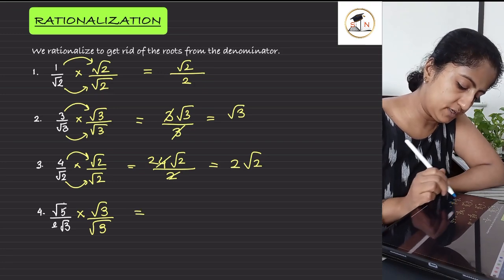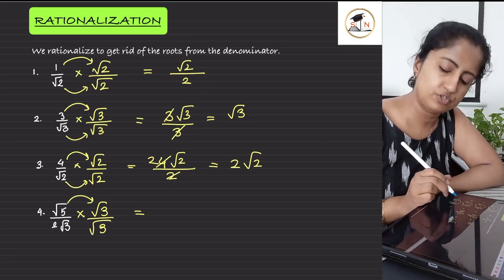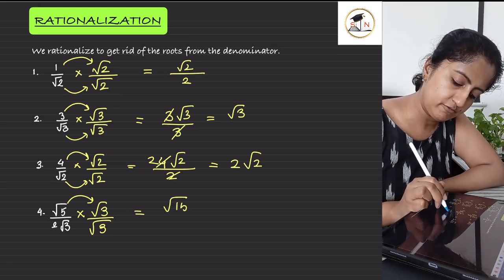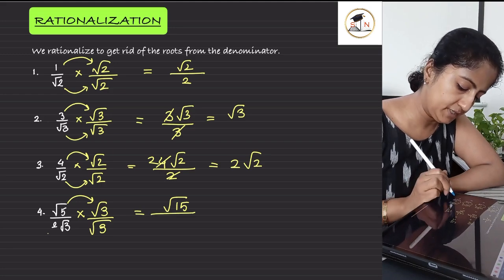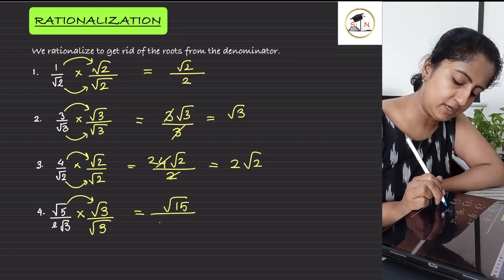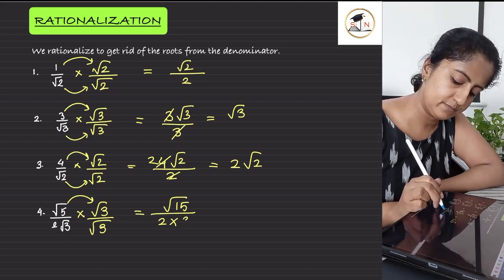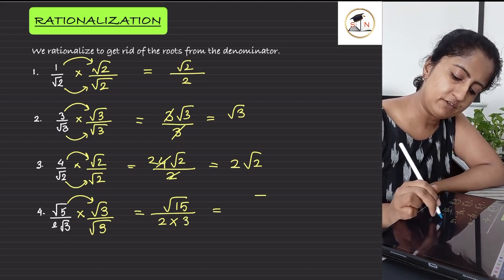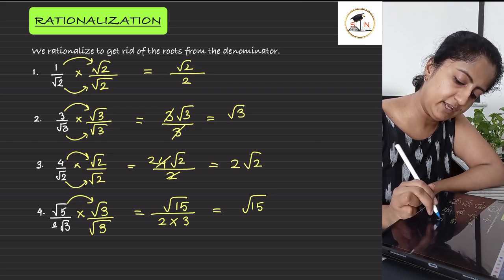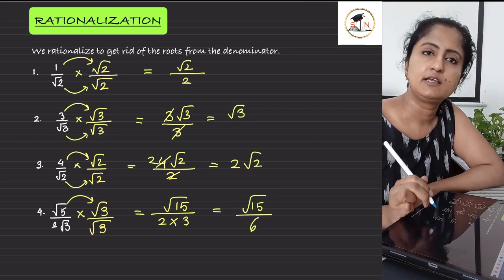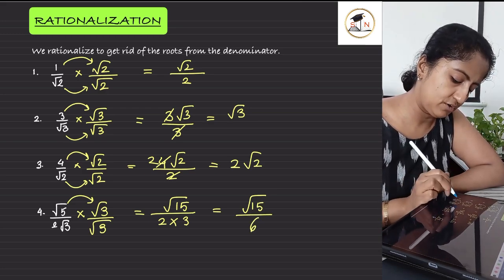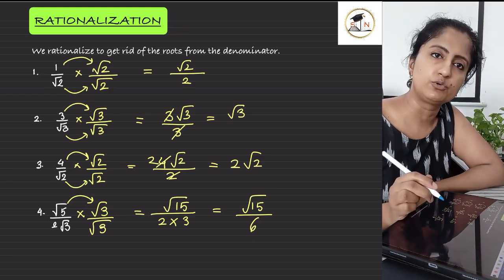So what we can see over here now, root 5 times root 3, which is root 15. In the denominator, the 2 we have will remain outside, and now you will get root 3 into root 3, which is 3. So we have the final answer as root 15 over 6. This is the rationalization of root 5 over 2 root 3.